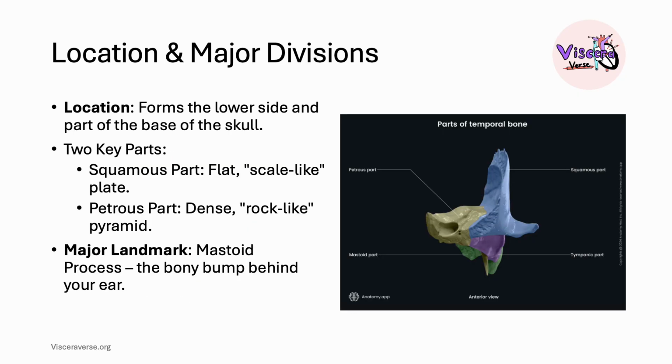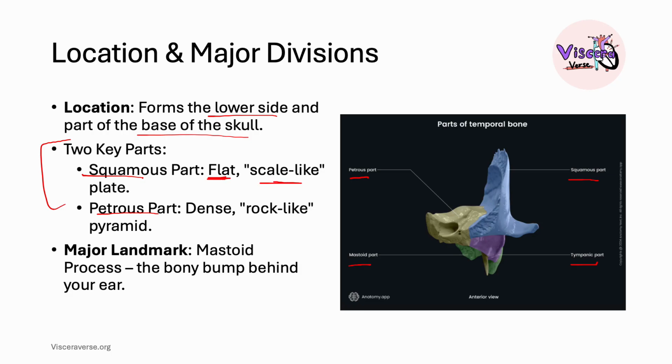Where is the temporal bone located? It forms the lower side and the base of the skull. And we said that it has four main parts: the petrous, the mastoid, the tympanic, and the squamous. For the sake of this lecture, we're going to only focus on the squamous part and the petrous part. The squamous is a flat part.